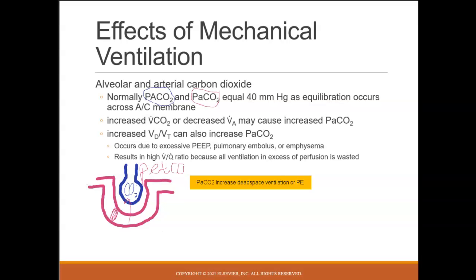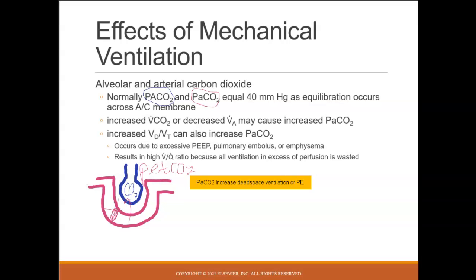That should match your PaCO2 or be close to it. That's what happens normally. But if you're using excessive amounts of PEEP, if your patient has a pulmonary embolism, or if your patient's alveoli are over-distended because of emphysema, that is going to result in this alveoli pushing on this capillary, blocking this blood flow.